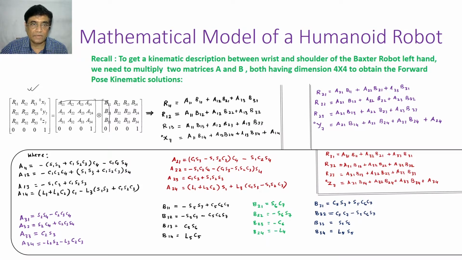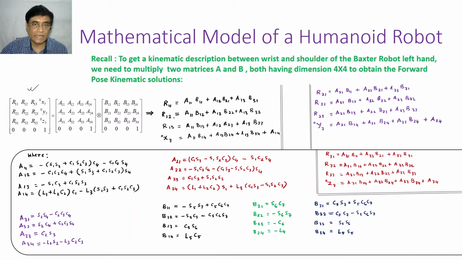So A11 into B11 plus A12 into B21 plus A13 into B31 plus A14 into 0. That's why I am not writing it here. Okay, there is A14 also.